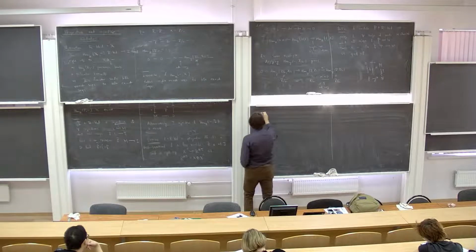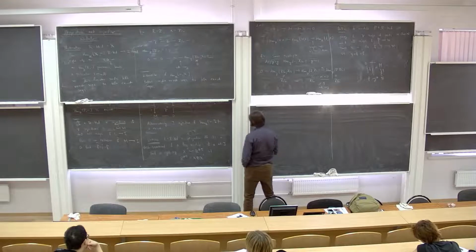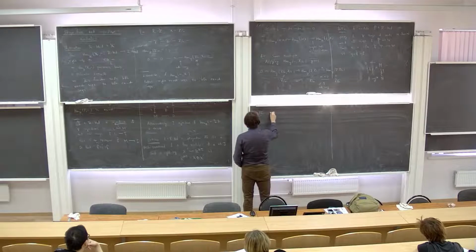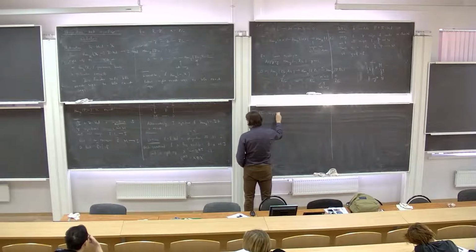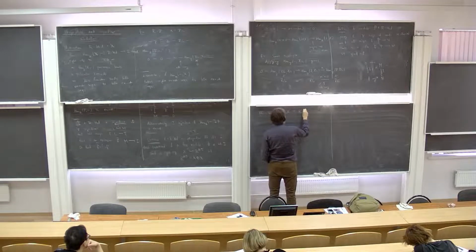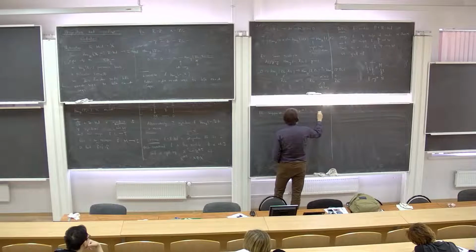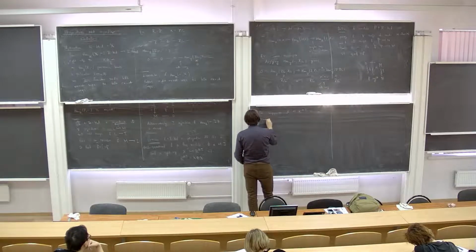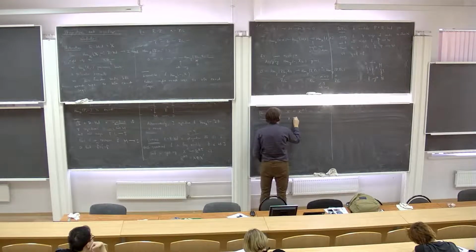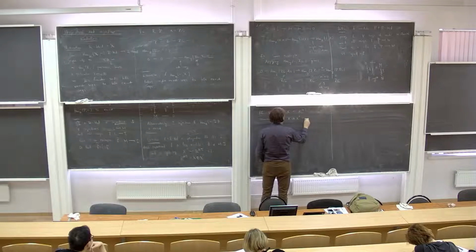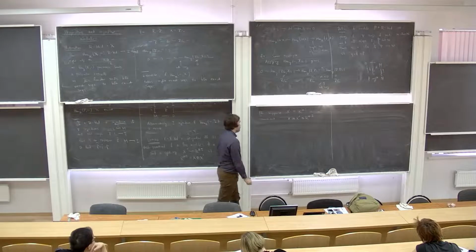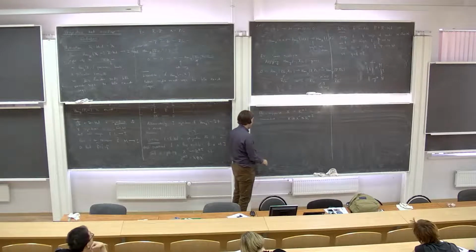Okay, so proof. One direction's easy. Actually, both directions will be easy. Suppose X in some free module is a summand. So let's choose the complement. And let's consider a surjection.